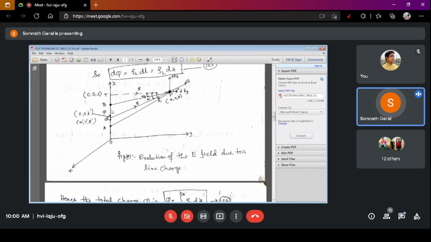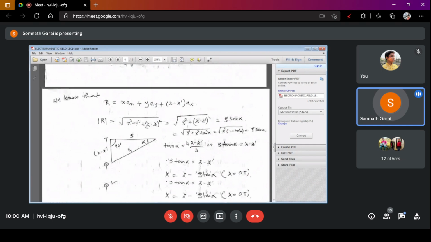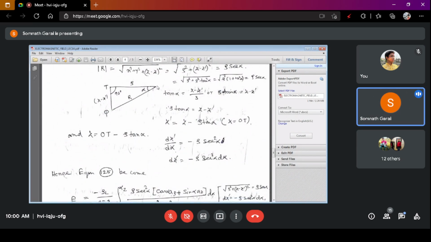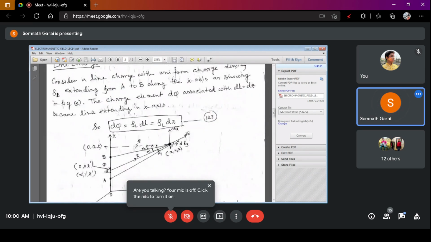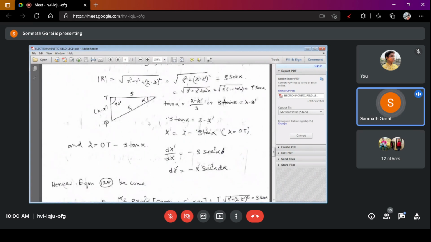If we redraw this triangle, the distance PQ is R, the R vector, and the distance PT is rho.